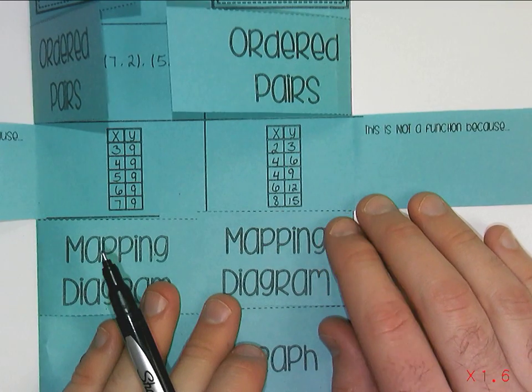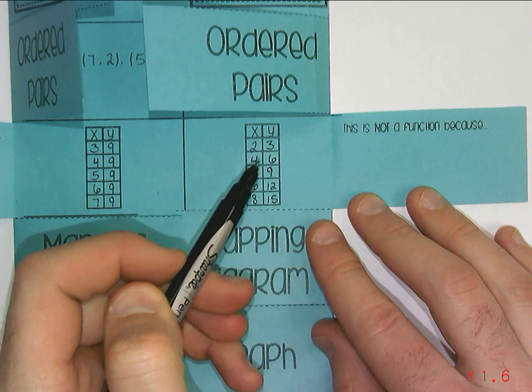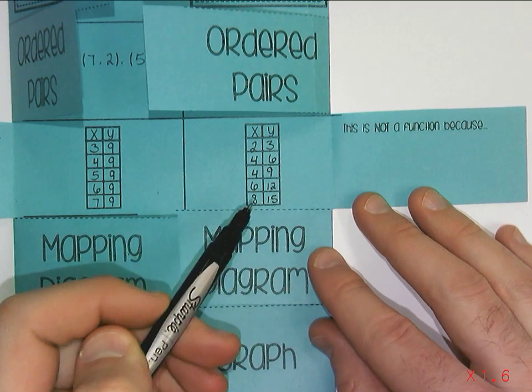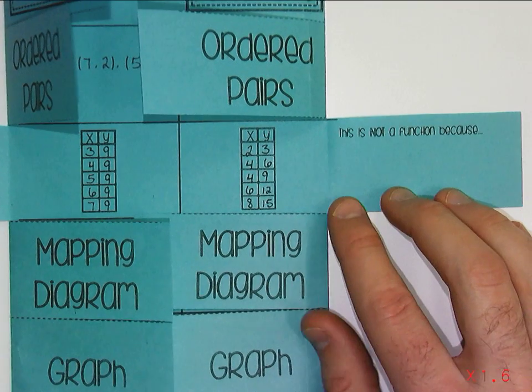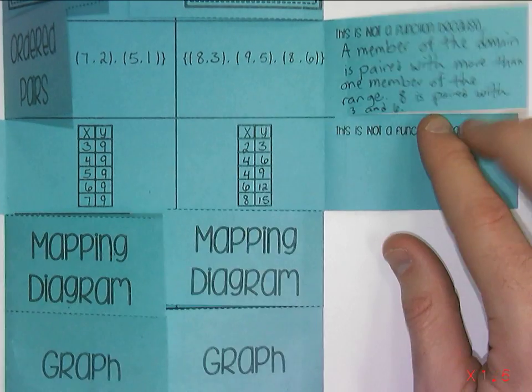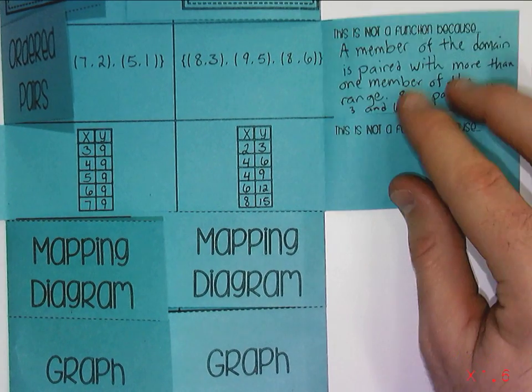So let's look at our not a function side. So we have 2 going to 3, 4 going to 6, 4 going to 9, 6 going to 12, and 8 going to 15. So this is similar to what I set up here on the top, that a member of the domain is paired with more than one member of the range.